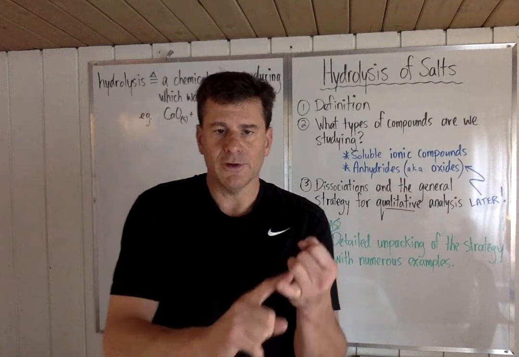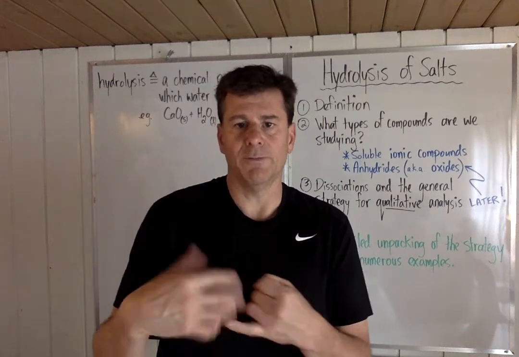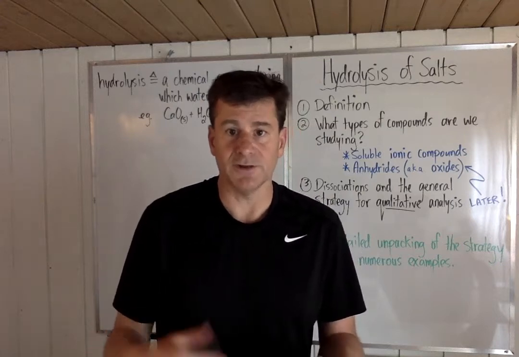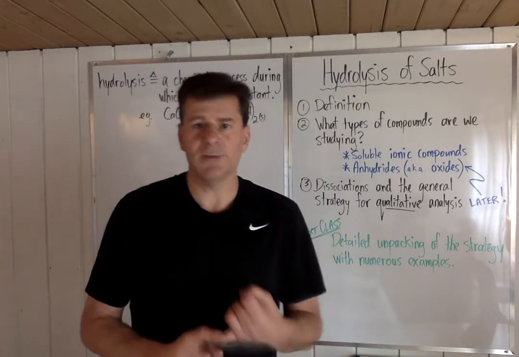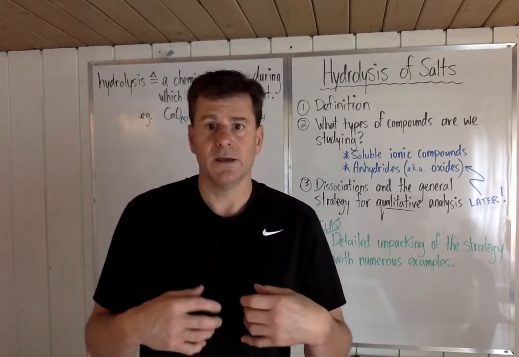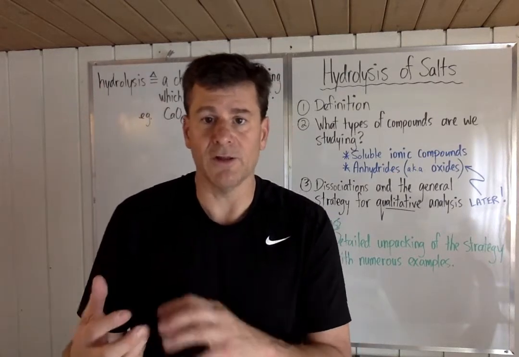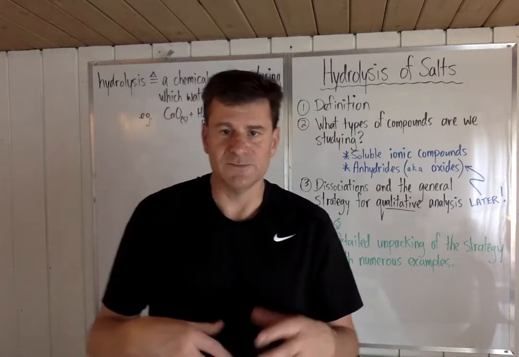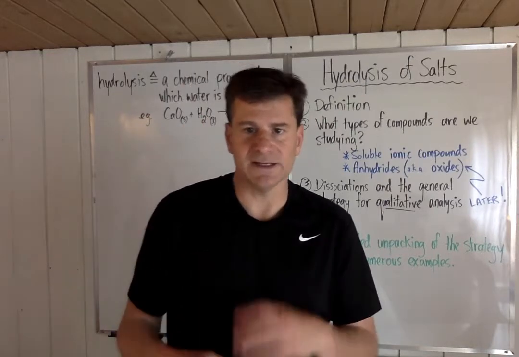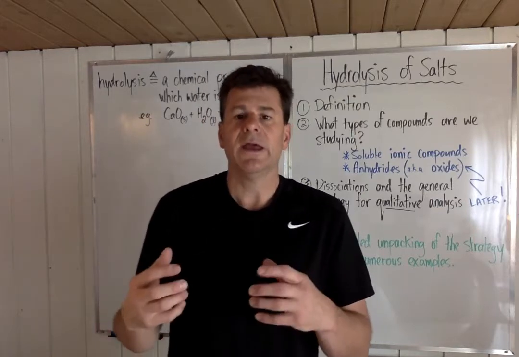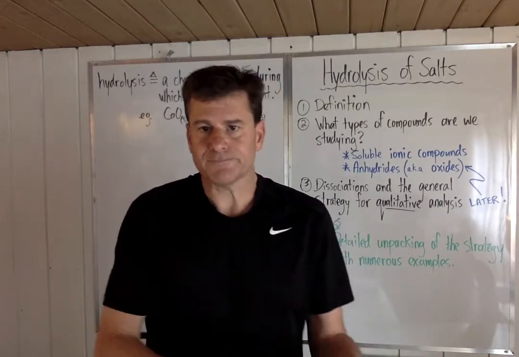So category number one, and the one that you're going to do the bulk of your work in the hydrolysis unit, and later on when you start doing titration as well, is the soluble ionic compounds. You take a cation and an anion, and they form a solid crystal. You've got gabillions of cations and gabillions of anions all forming a solid ionic crystal, and you dump them into water.